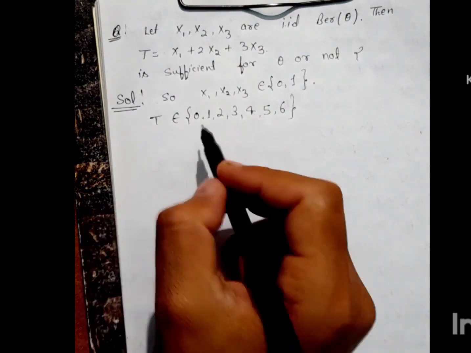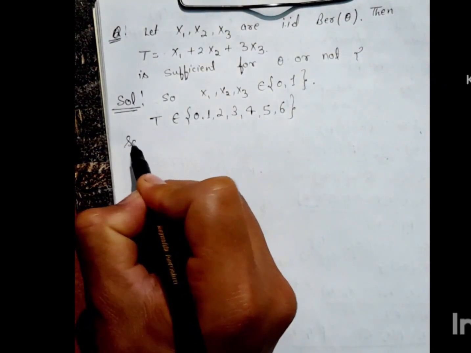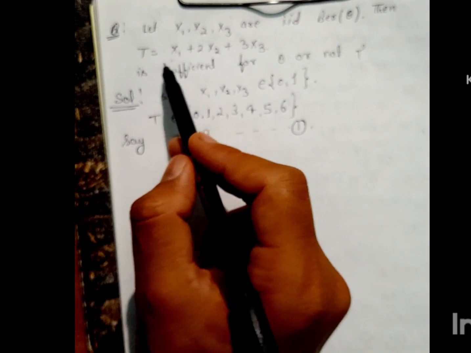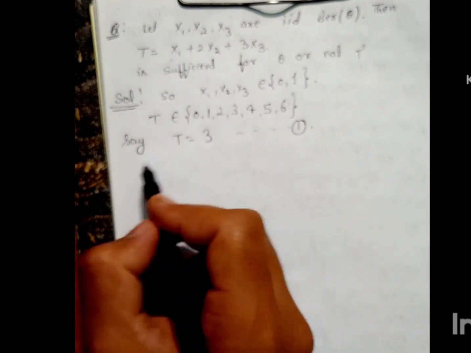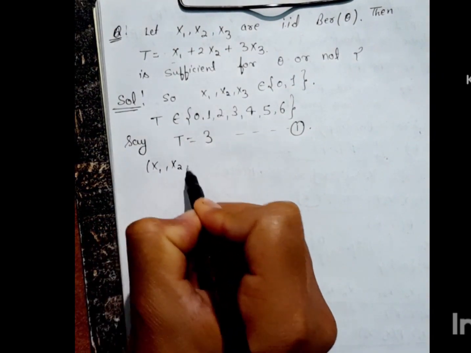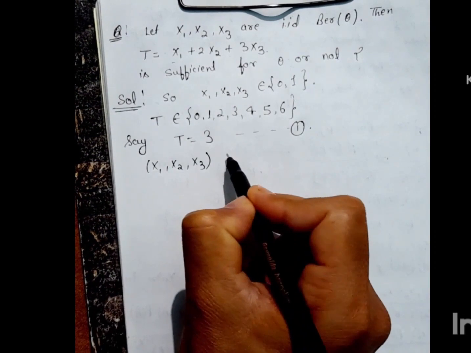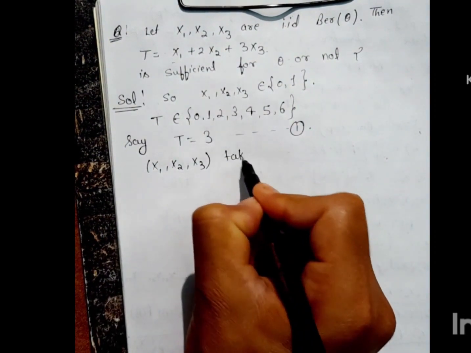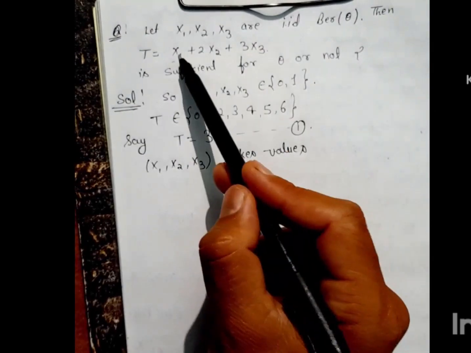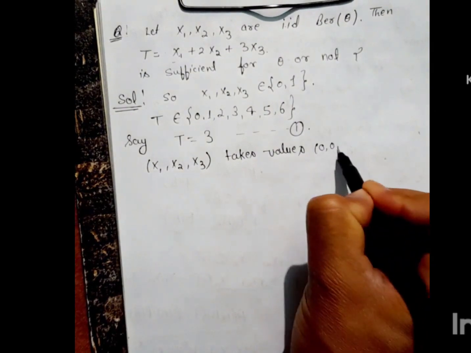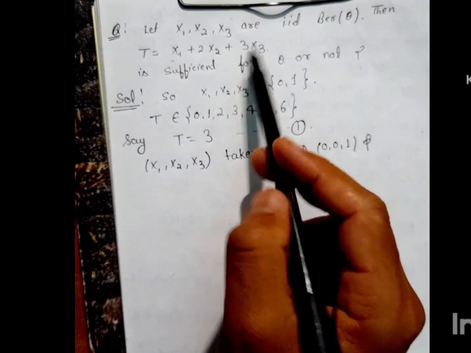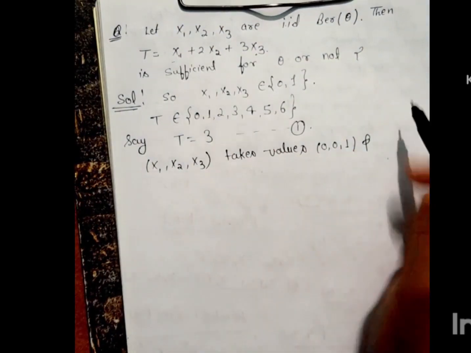So if we take a particular value of T, say T is 3, then the combinations of the samples such that T comes to be 3 are: X1, X2, X3 takes value 0, 0, 1, and the other case when X3 is 0 and X1, X2 are 1.